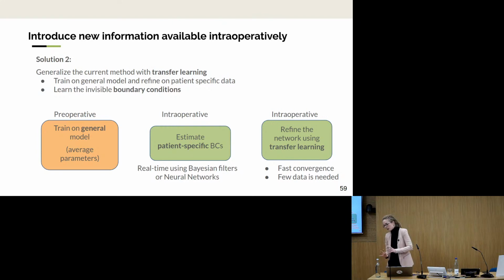So we have some preliminary results that show that the network converges very fast as long as it was correctly initialized, and that very few data is needed. This means that all this process could take place in, let's say, 10 or 15 minutes at the beginning of the surgery. This is an approximate amount of time because we still haven't tested, but it could work.